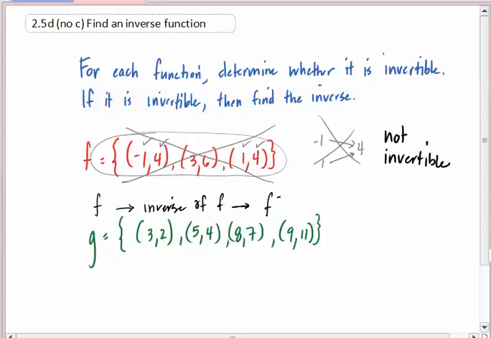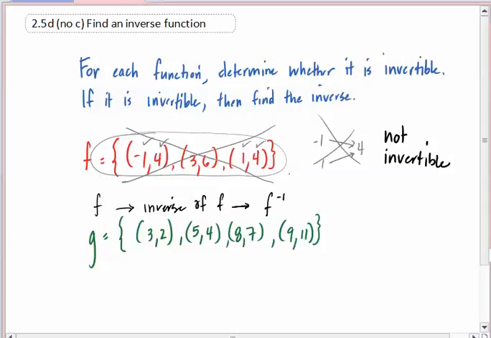It's f inverse. Now, that's not f to the -1, it's f inverse. Okay, so it just means we've already taken the inverse, and the inverse is indeed a function.